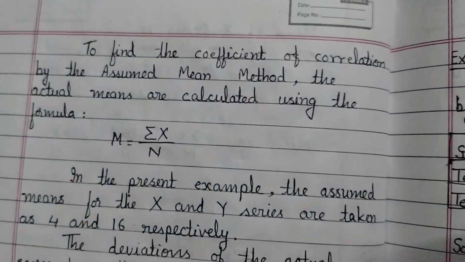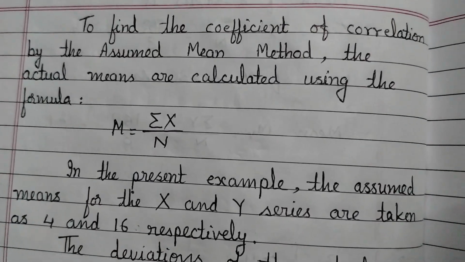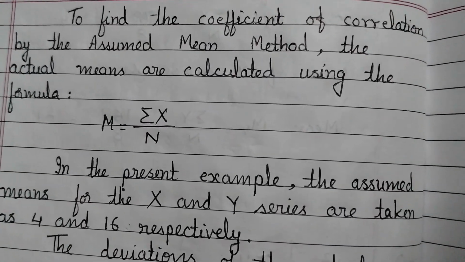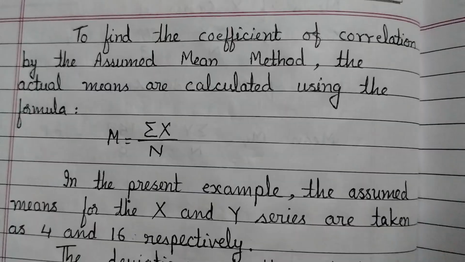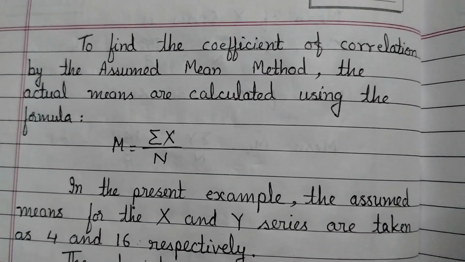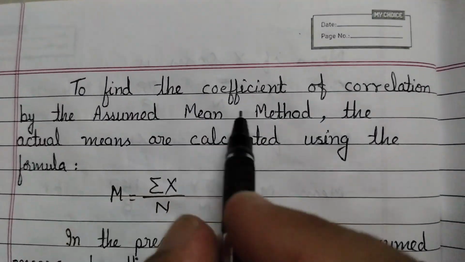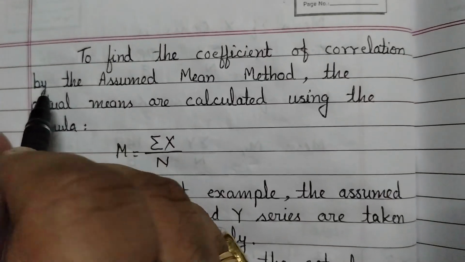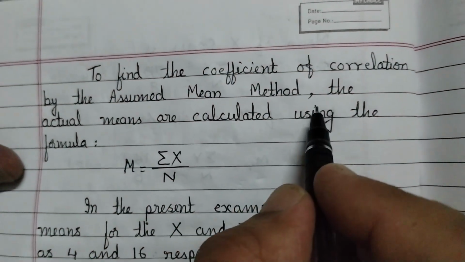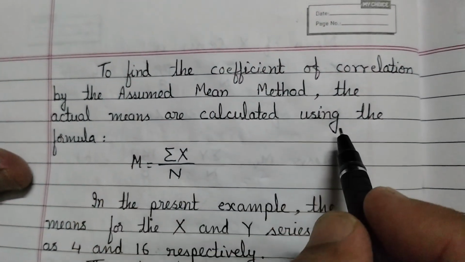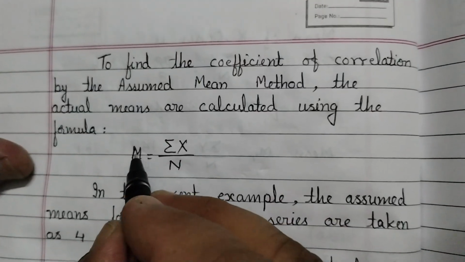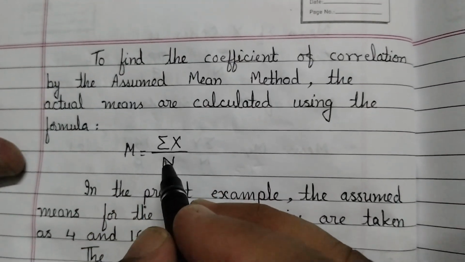Now come to the next part, the steps involved in the assumed mean method. Let us take the first step. To find the coefficient of correlation by the assumed mean method, the actual means are calculated using the formula m is equal to summation x by n.